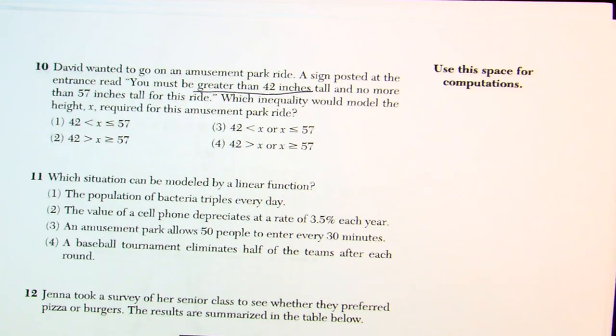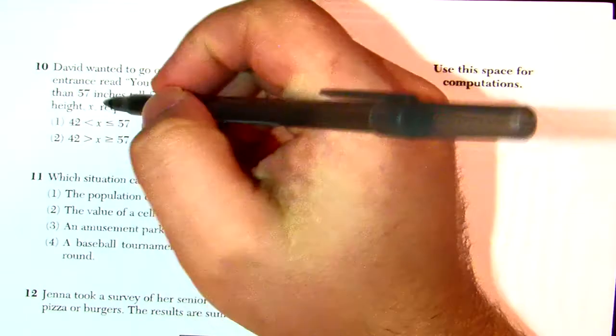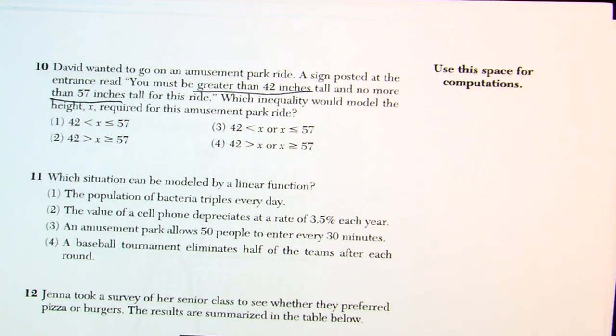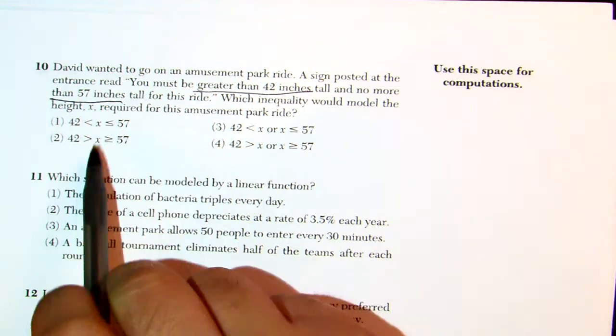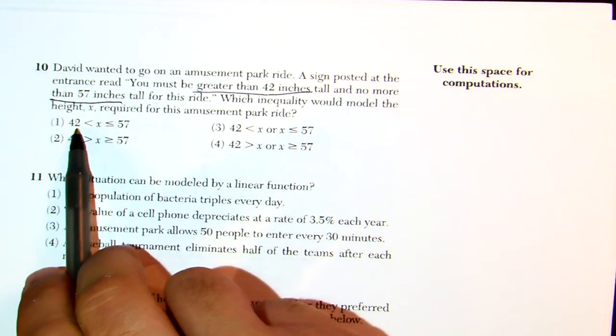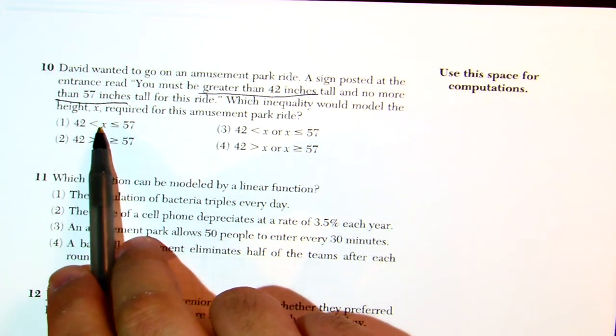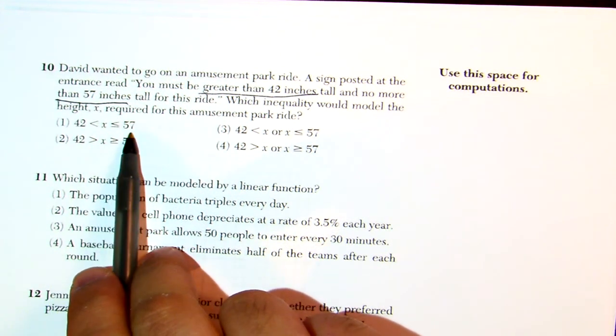So it can't be equal to, it has to be strictly greater than, and no more than 57 inches, which means you're allowed to be 57 inches. So which one is showing that is choice 1. x has to be greater than 42, but it could also be equal to 57.